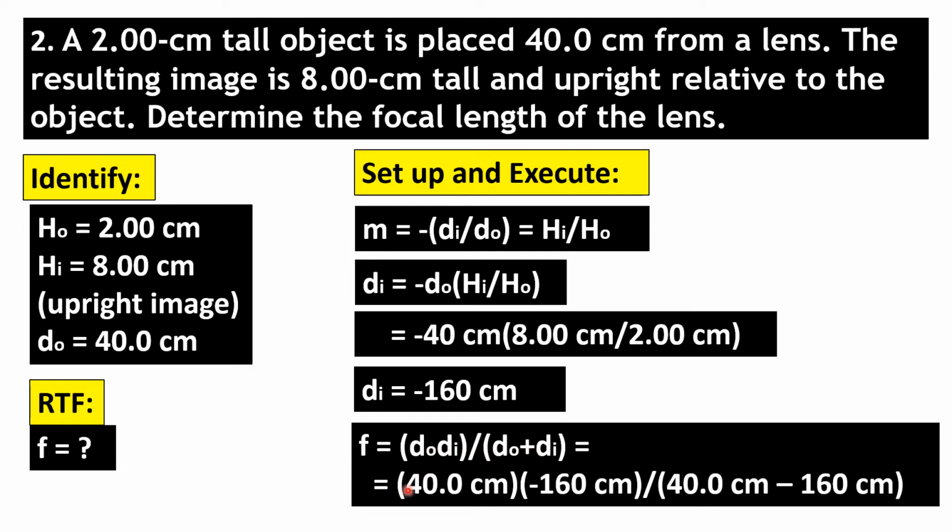Since we already know the value of di, we have 40.0 centimeters, which is the object distance, multiplied by negative 160 centimeters, which is the image distance, and then divide this by 40.0 centimeters, supposed to be plus di, but since di is negative, that becomes minus 160 centimeters.